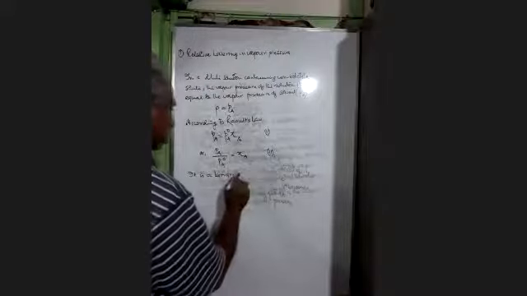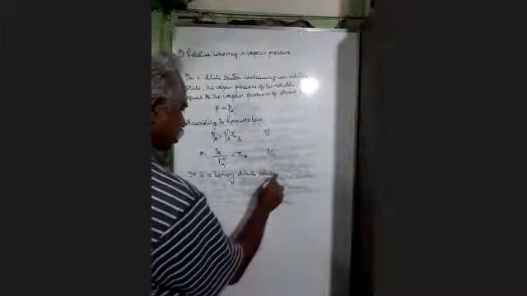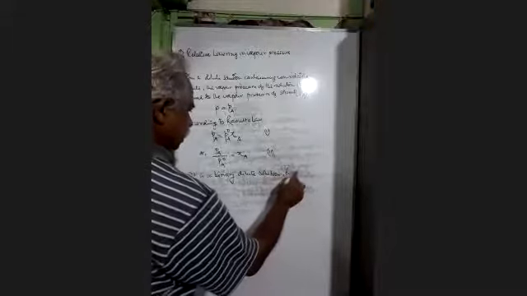So right, it is a binary dilute solution. Hence, chi A plus chi B is equal to 1. Now you know chi A is the mole fraction of solvent and chi B is the mole fraction of solute. Okay.